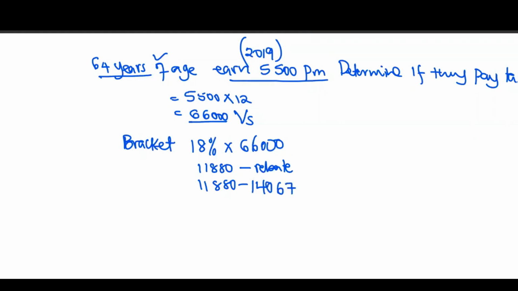I'm saying this, you will have a negative number, which is 2,187 negative. So the person does not pay tax. That's how we say it.